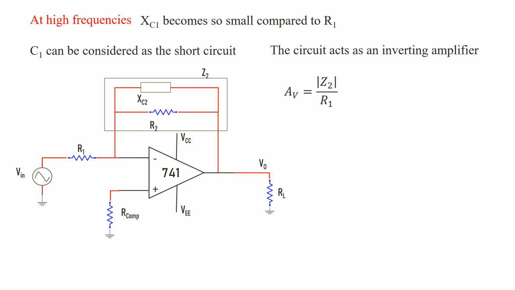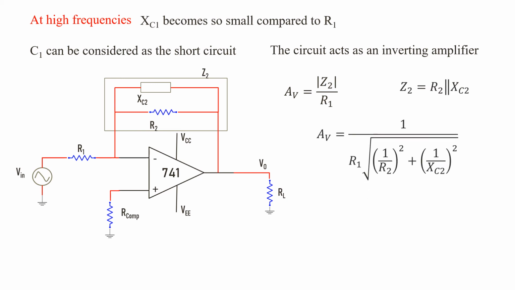Now the voltage gain AV will be the magnitude of Z2 divided by the input resistance R1, where Z2 is R2 parallel with Xc2. Substituting this in the voltage gain expression, we get AV equal to 1 over R1 times the square root of the quantity 1 over R2 square plus 1 over Xc2 square, since Z2 is the parallel combination of R2 and Xc2.